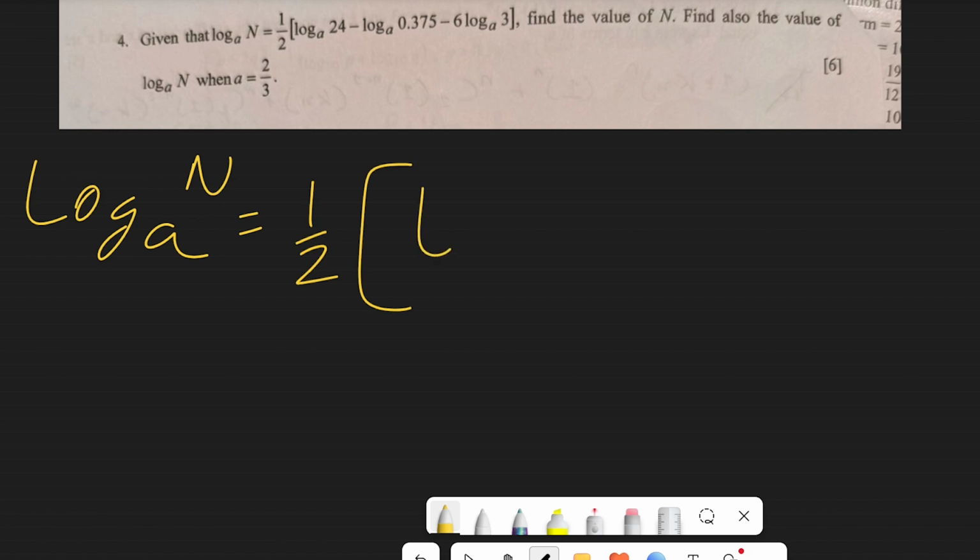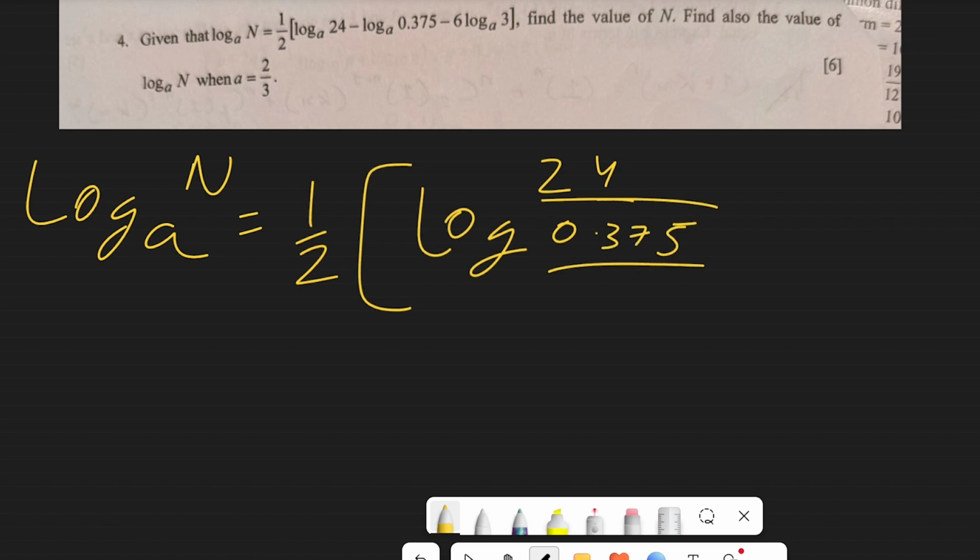First of all, what I can see is the common base over here, the common base of a. And this is also a. So what we do is make it a single base. Log of n to the base a would be equal to 1 over 2 log of 24 over 0.375 over 3 power 6.